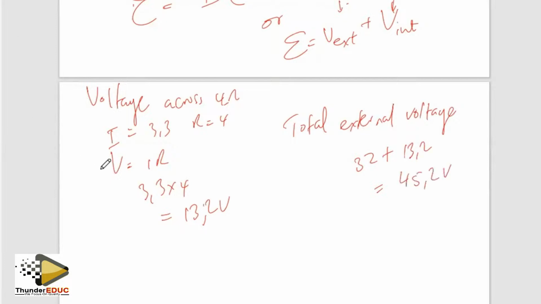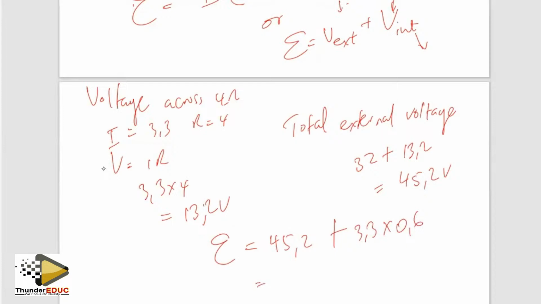Which means my EMF is going to be the external, 45.2, plus my V internal, which is the current, 3.3, multiplied by 0.6.